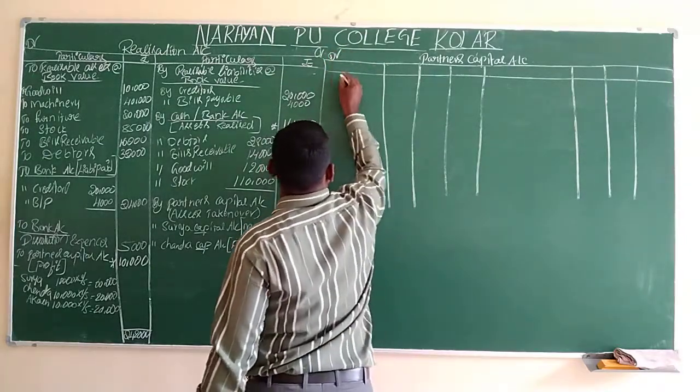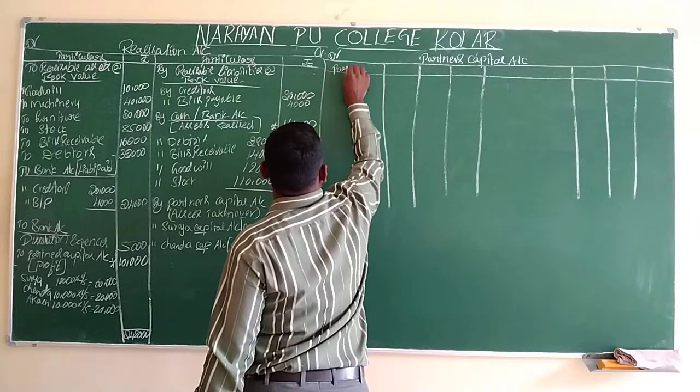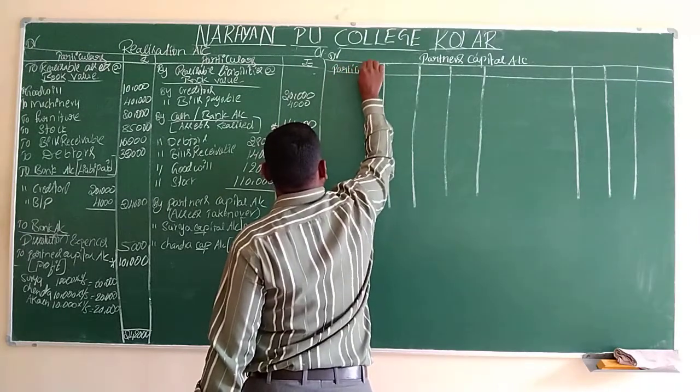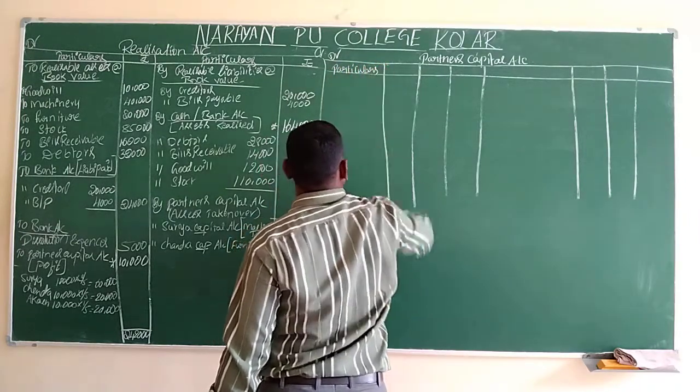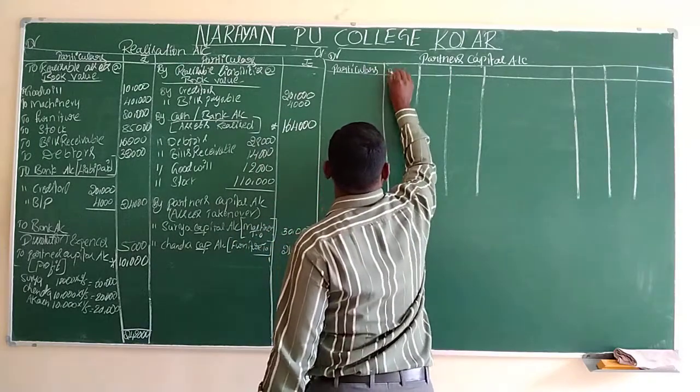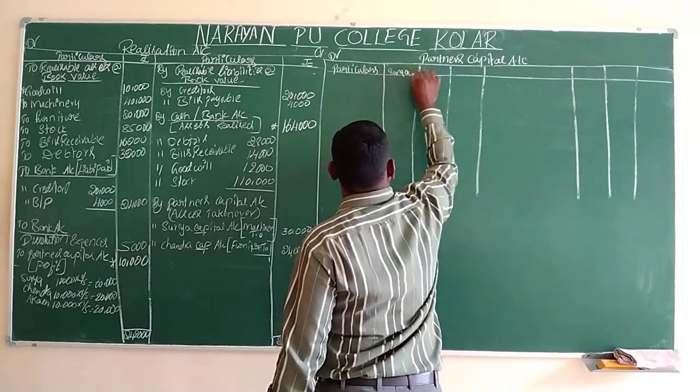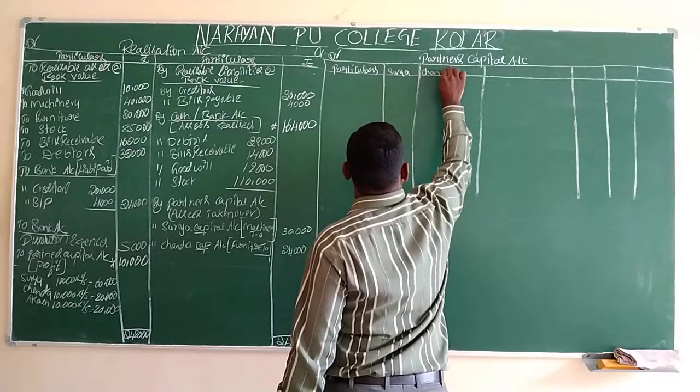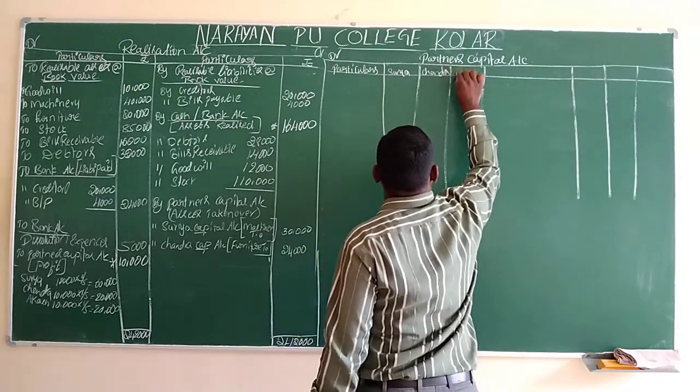On the debit side, we will write particulars: first partner Surya, Chandra, Akash.